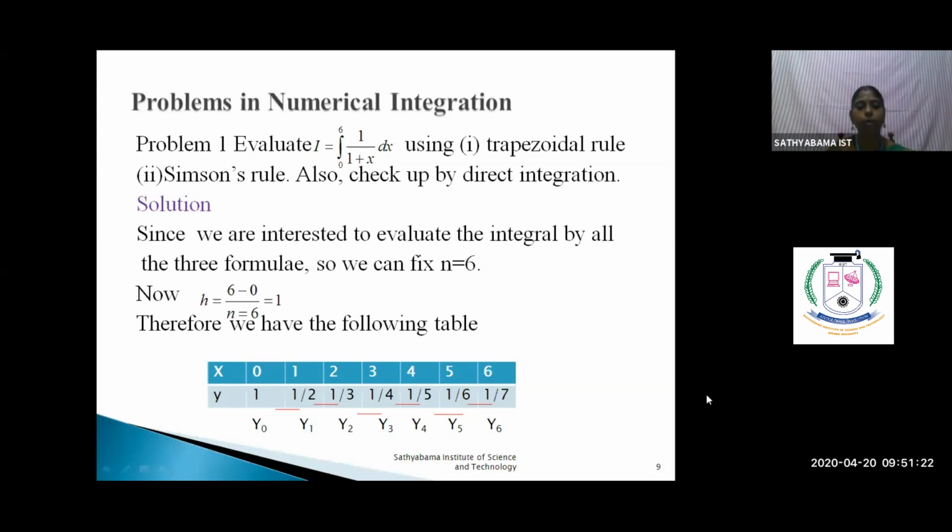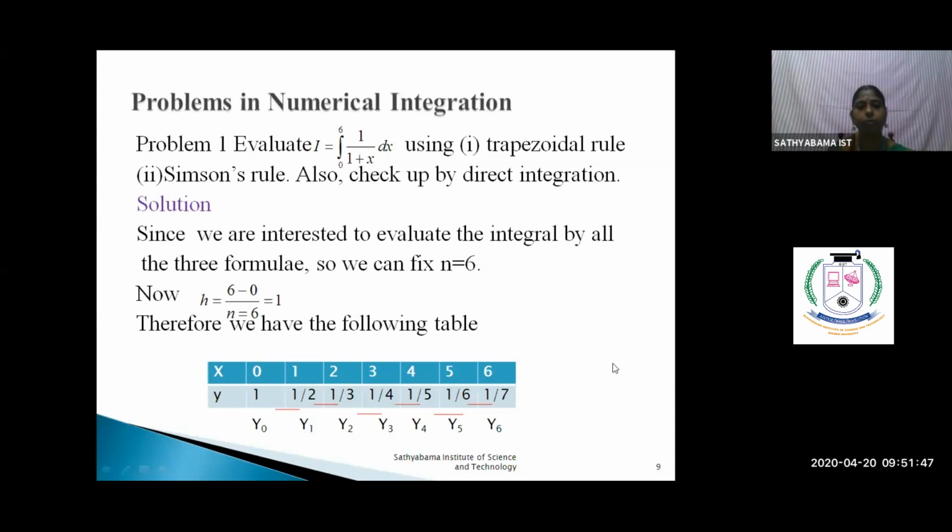And now we want to find the y values. In this integral, f of x is 1 by (1 plus x). So y is equal to 1 by (1 plus x), and that is what I have written. Now, if x is equal to 0, put x equal to 0 in this formula.